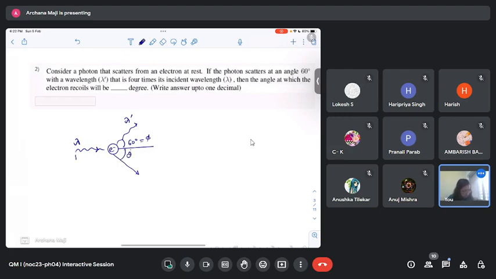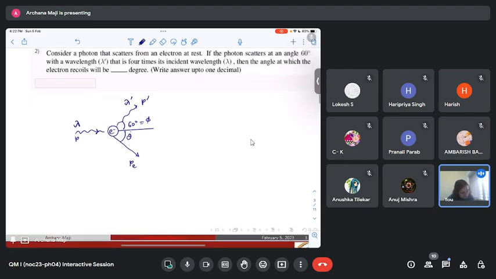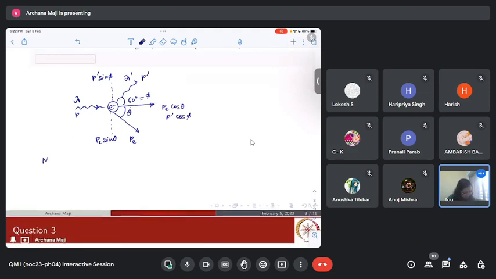Okay, so the momentum of the photon, let's call it P, and this is P prime, and this is the momentum of the electron. Then we do momentum conservation along the x and y directions. Along y it is P prime sin phi, along x it is Pe cos theta and also P prime cos phi.